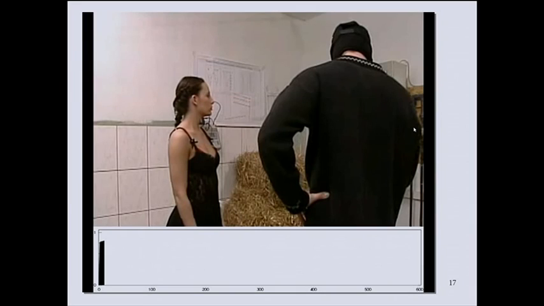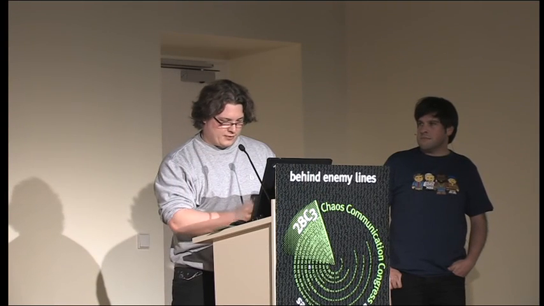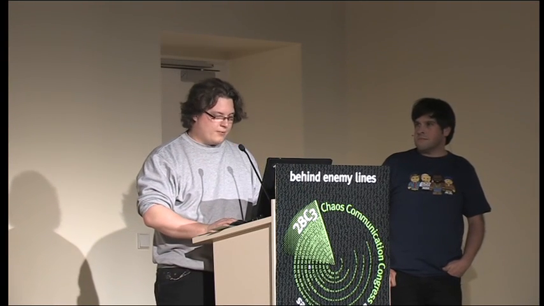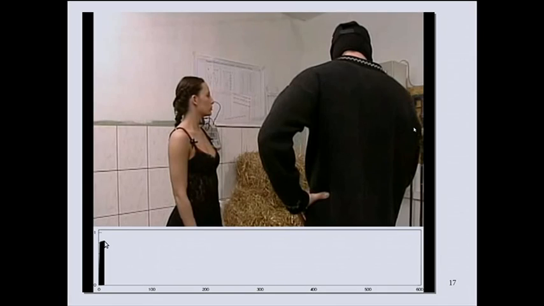One moment. You see the picture, and at the bottom you see the consumption graph of our TV at home. The first part of the graph, I've cut the first 6 seconds away.